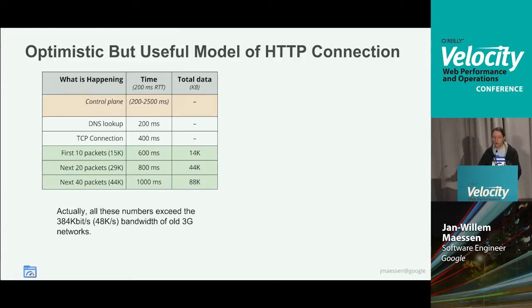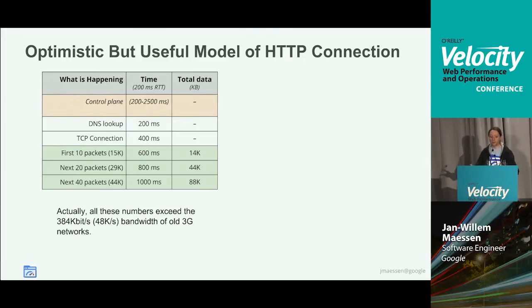So this is a very stripped down version of Ilya's view of an HTTP connection that is hopefully still useful enough to actually draw some conclusions. The view here is we've got a 200 millisecond round trip from my mobile device to the server and back again, so 100 milliseconds each way.